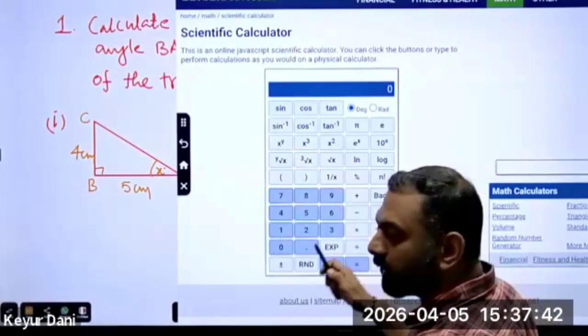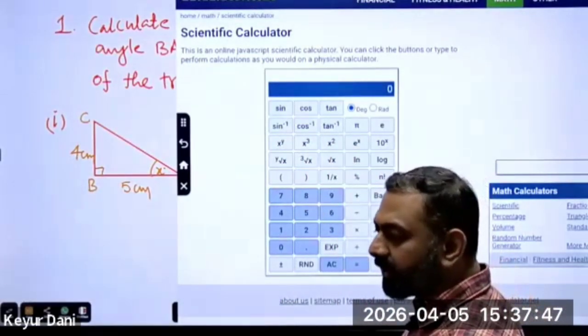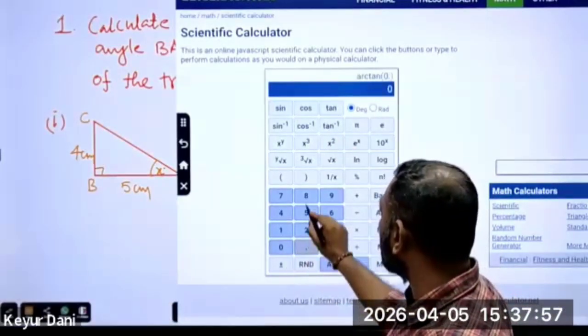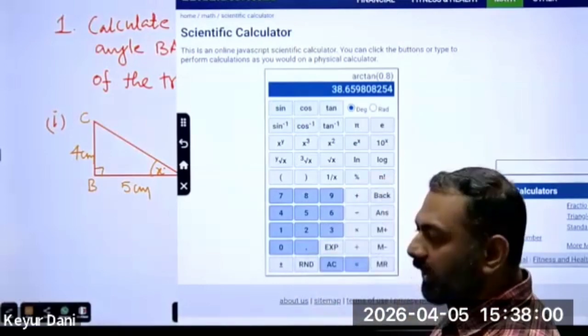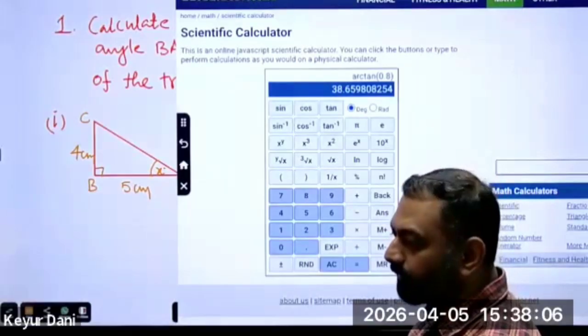Can you see if you have sine inverse, cos inverse, tan inverse in your calculator? Check it out. Yeah, I have the inverse. So we'll put tan inverse of 0.8, which gives 38.659. You got the same answer?